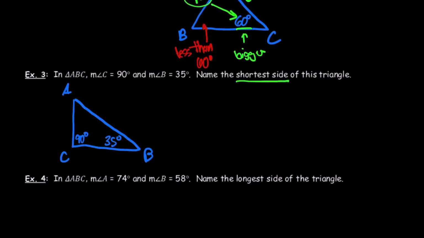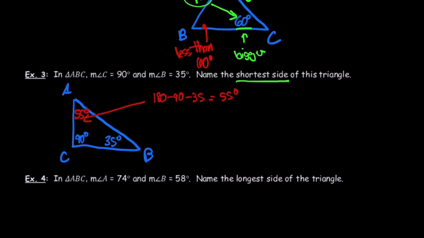Now, this problem is not bad at all, as long as you go ahead and find the third angle. You can never compare sides and angles without having all three. So what I need to do first is take 180 minus 90 minus 35 to get this angle right here. That's going to give me 55. So this is 55 degrees.